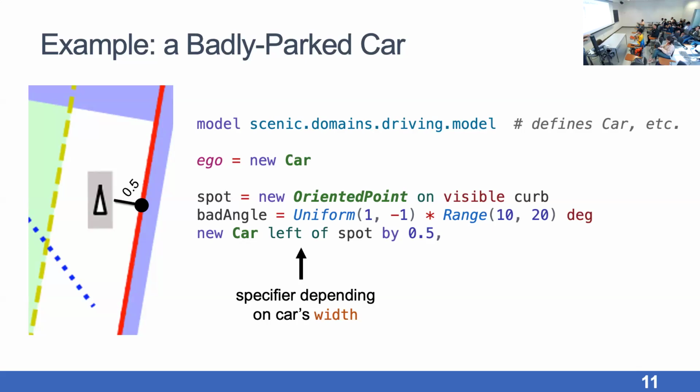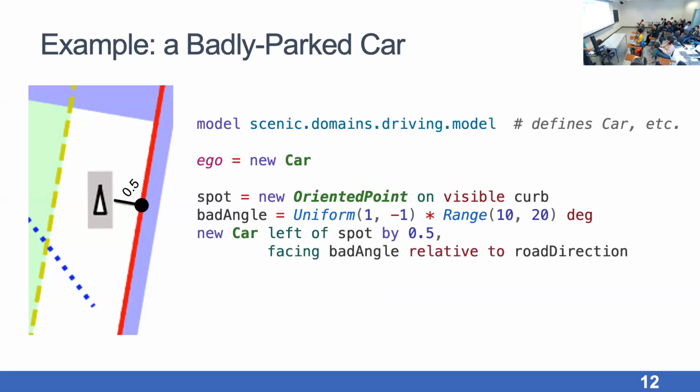So you could also write it so that the center would be half a meter over. We can show that in the hands-on part if you're interested. But yeah, it's the right edge of the car, specifically the center of the right edge, because the car might not be a rectangle. I'm showing it as a little bounding box here just for simplicity, but Scenic now handles objects of any kind of different shape.